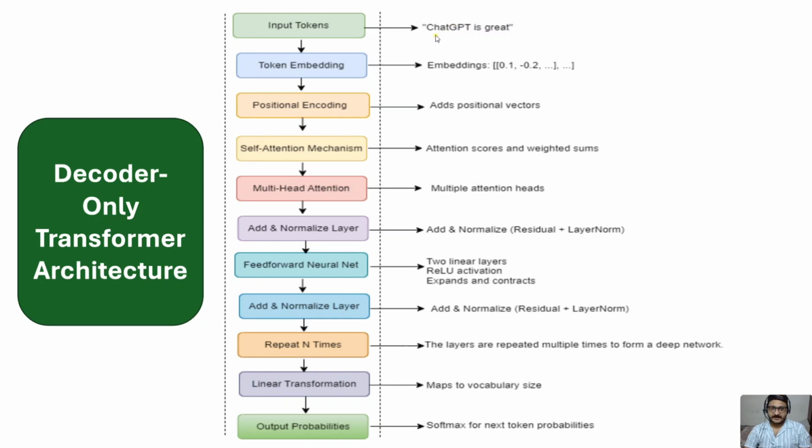For example, "chat" could be one token, G a second token, P a third token, and T a fourth token. Or ChatGPT could also be split into C, H, A, T, each with its own single token. That is the calculation ChatGPT does.